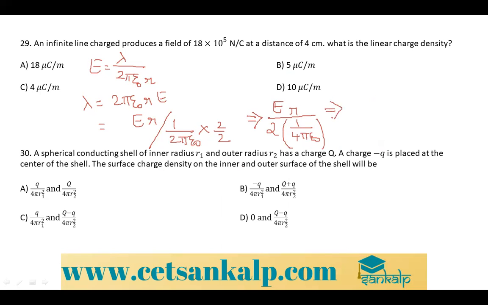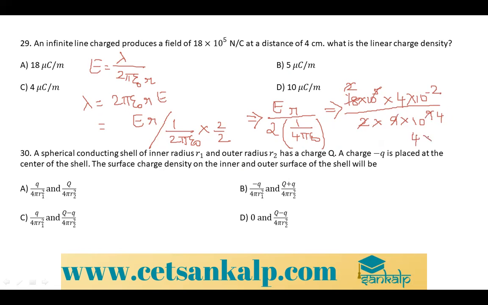Okay, then how much? 18 into 10 to the power 5 into 4 into 10 to the power minus 2, whole divided by 2 into 9 into 10 to the power 9. 1s are 2s are 2, and 2 get cancelled. When 5 cancels, 4 remains.